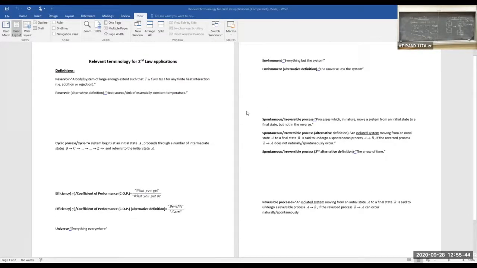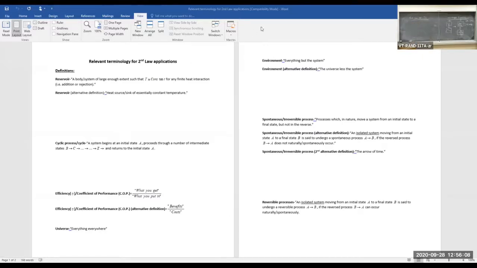Okay, so now let's go to the very top of the first page of the relevant terminology. Let's define a brand new term. We've talked about irreversible or spontaneous processes. Let's talk about reservoirs. Again, what are the three spontaneous or irreversible processes we looked at?